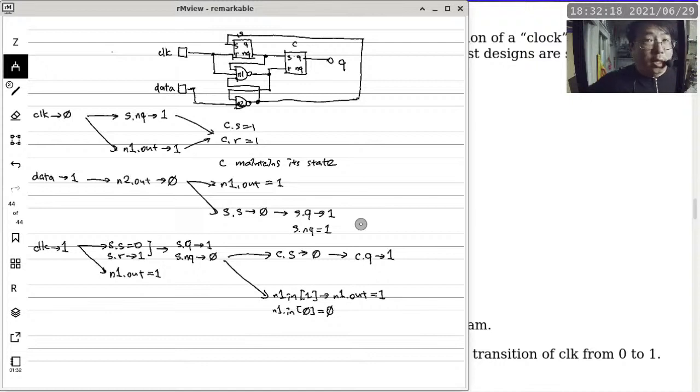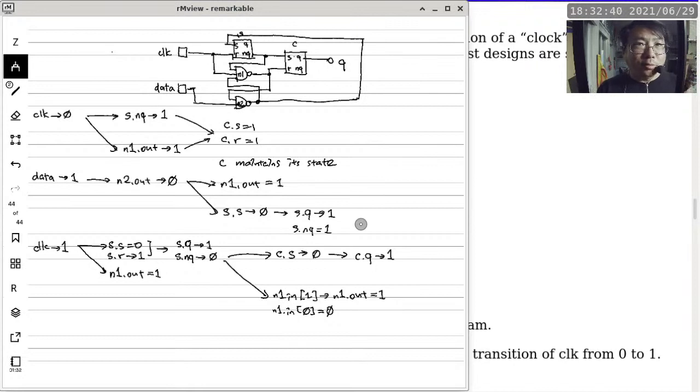Very good. Whew. Okay, so tracking these states can take a little bit of work. All right. So now we want to say, according to the previous design, as long as the enable pin is a 1, if we change the data pin, the output of the entire device is going to change.